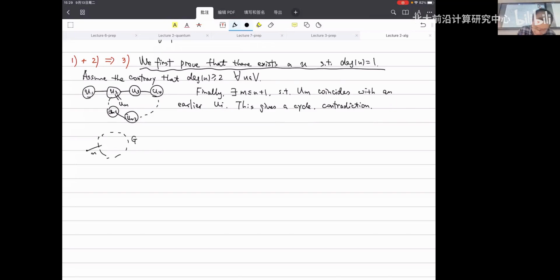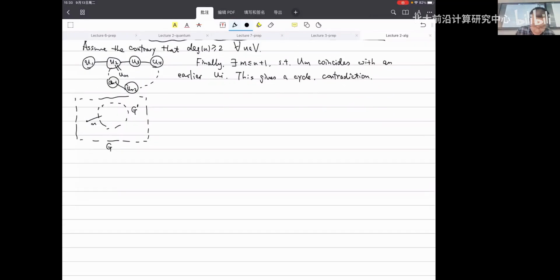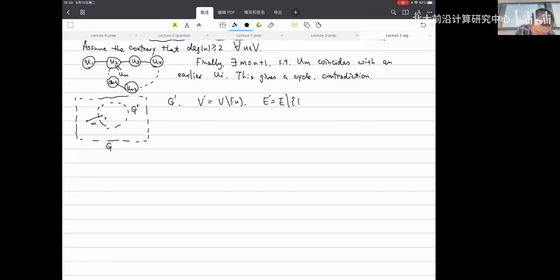And sorry, this subpart is G prime, and as the notation above, this whole part is G. So as we mentioned above, we consider this G prime, where the vertex set is taking this U out, and for the edge set, we take out this edge. So this G prime is still connected, and also G prime is acyclic.